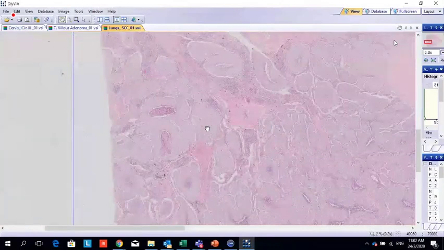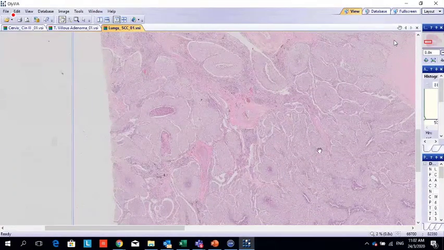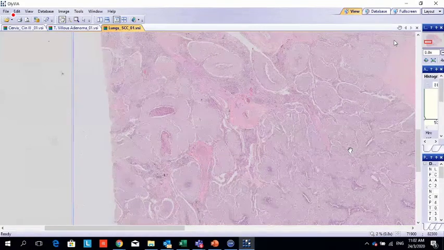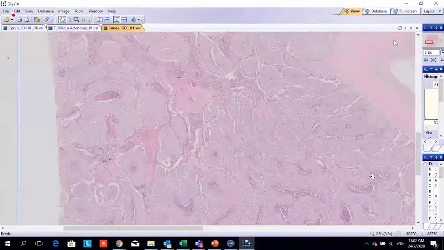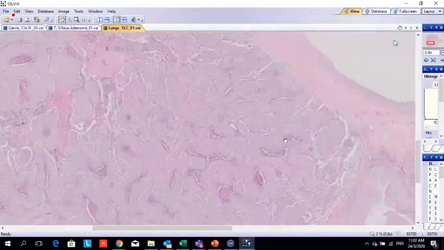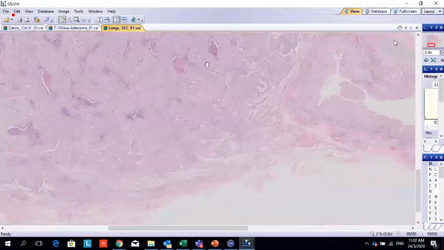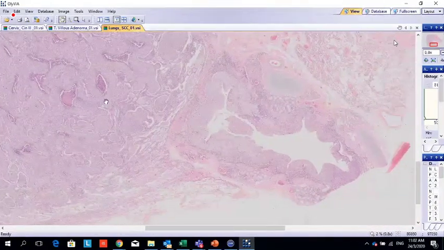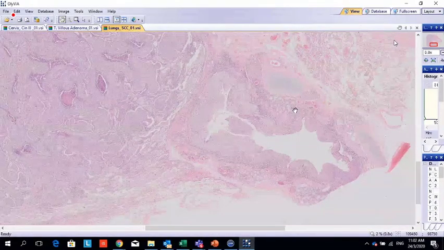We just say poorly differentiated squamous cell carcinoma, or what else? What else do we discover? Metaplastic bronchus and focus of carcinoma in situ, isn't it?